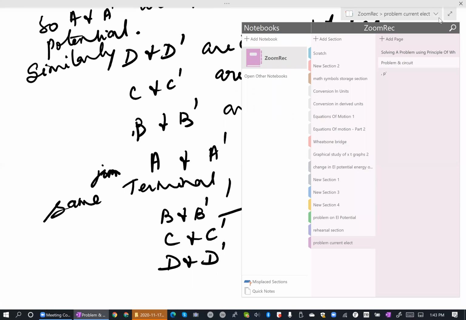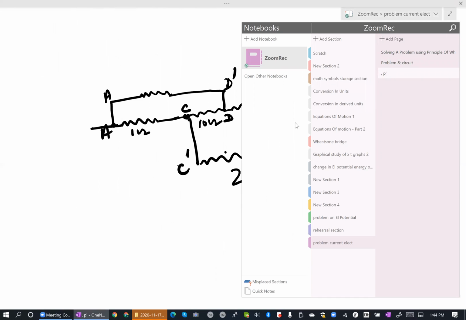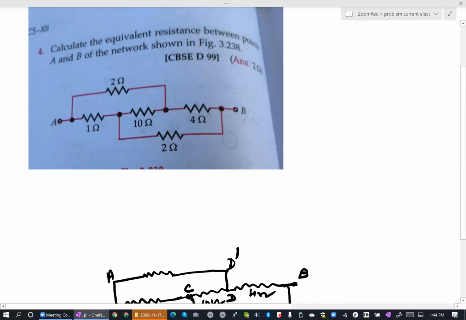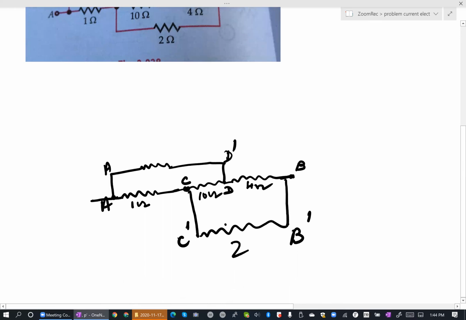Right here, I have drawn the two circuit diagrams, whatever they have given and whatever we have redrawn here with the terminals. Now you should remember that they want only the resistance between A and B. So the battery connected across two opposite terminals will be A and B. Adjacent to A, I'll write A dash.